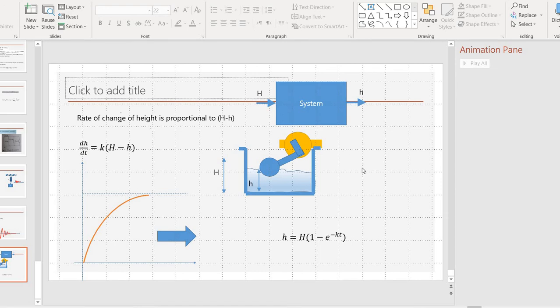Now, we know that when it is filling up, at the beginning, it is very fast. But then, because of the system, it becomes slower and slower until at some point it stops.